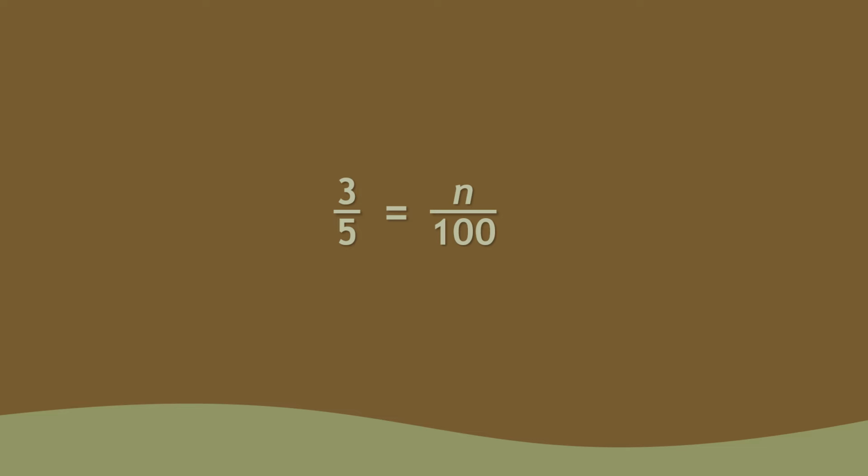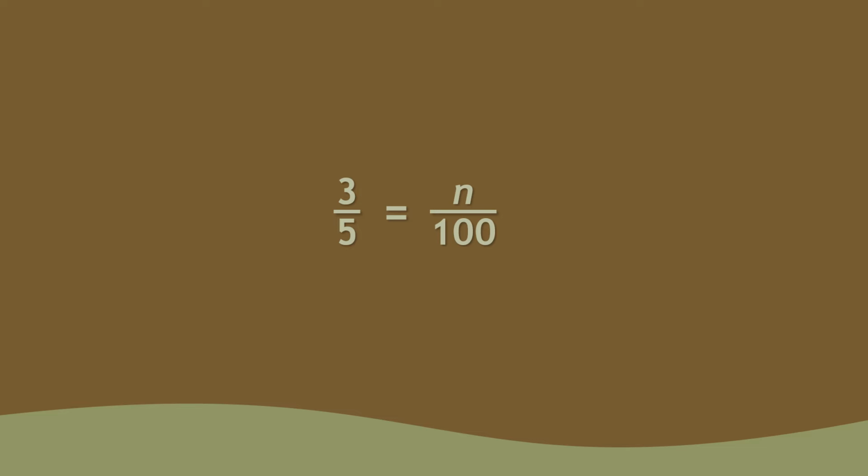Now the reason why we have it written this way is because, remember, when we're talking about percent, we're talking about out of 100. So the first thing that we're going to do is figure out how we can rename 3/5 to be a fraction that has 100 as the denominator, because we want to have a fraction where we can say something out of 100, and then we can turn that into a percent.